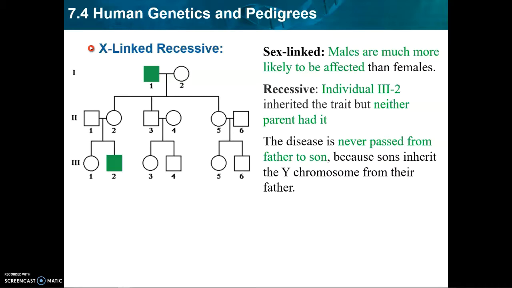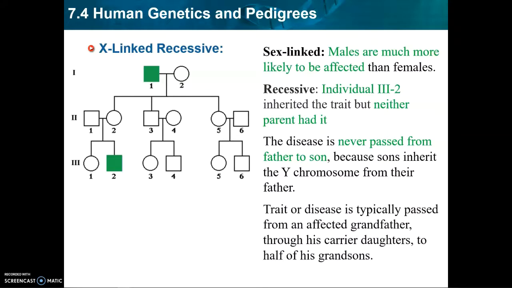They will only pass their Y chromosome, and that's what makes the baby a son, makes him a boy. So in this case, you are not going to see a father passing down a trait to his sons. Affected sons have inherited that from their mother.